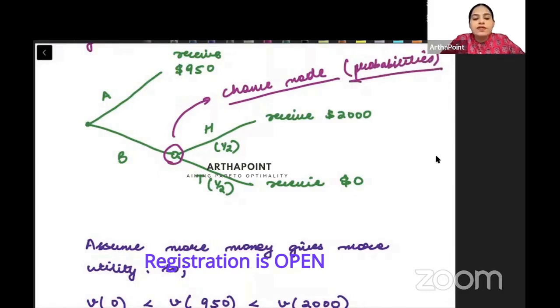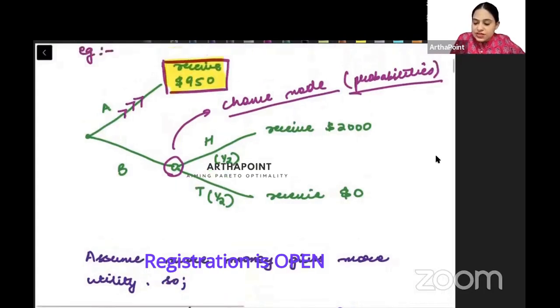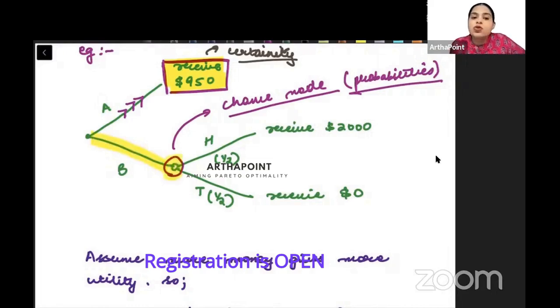Okay. So what we are saying is that you can either go to outcome A and receive $950 with certainty. Or you can go to B where there is a chance node available. माने जहां पे कुछ probabilities assumed होंगी, where you are playing a lottery.